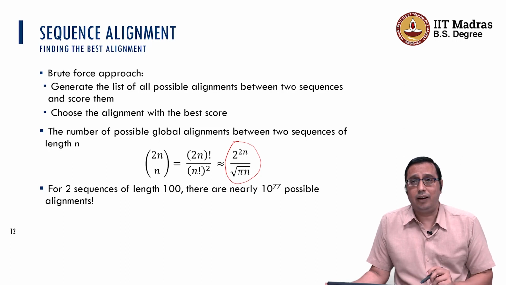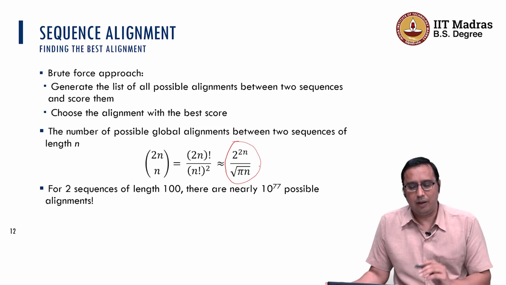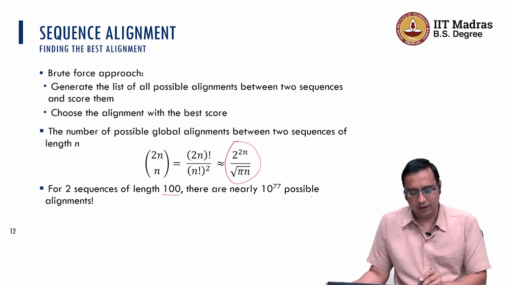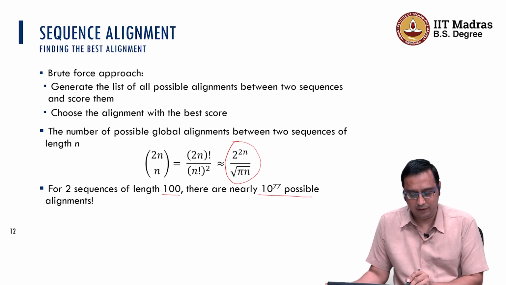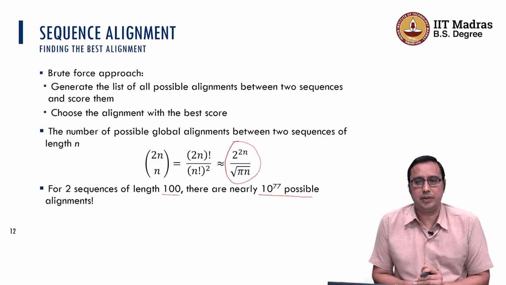Just to give you a number, this may not give you a good feeling, but being a data scientist, it's nice to give a number. So let's say I have two sequences of length 100 and I have to compare nearly 10 raised to 77 possible alignments. This is a huge number.